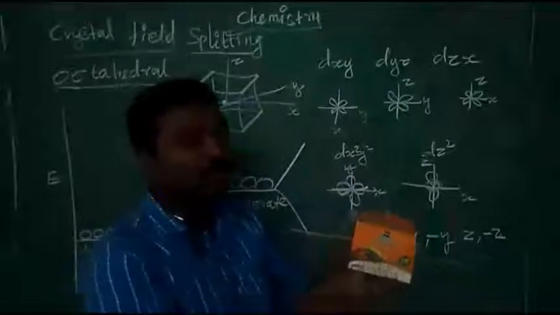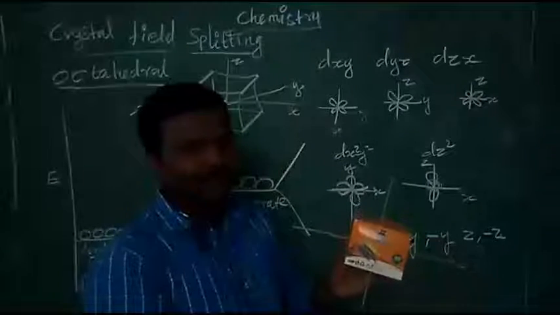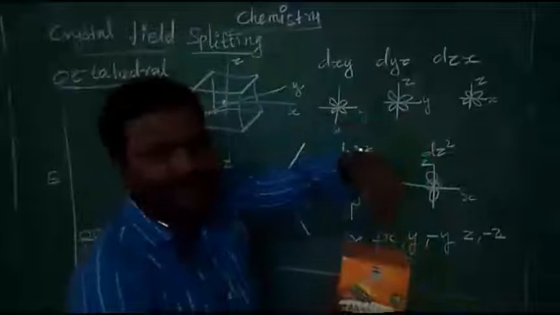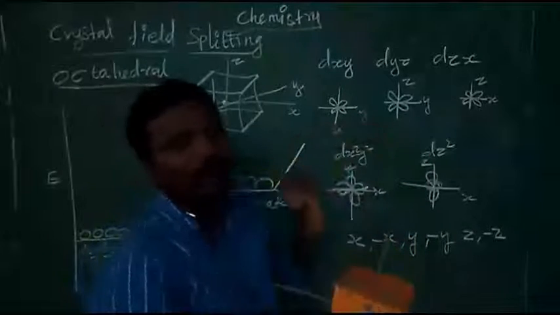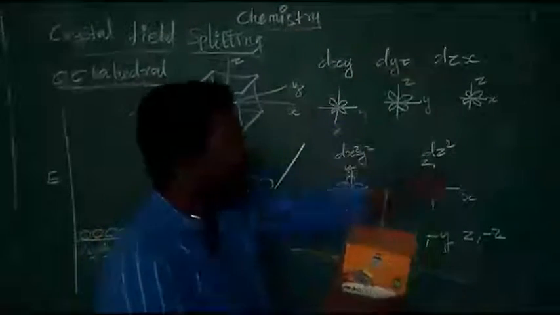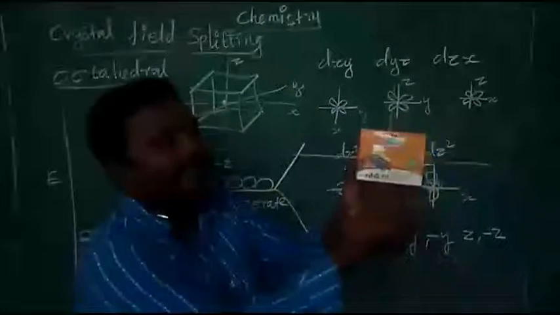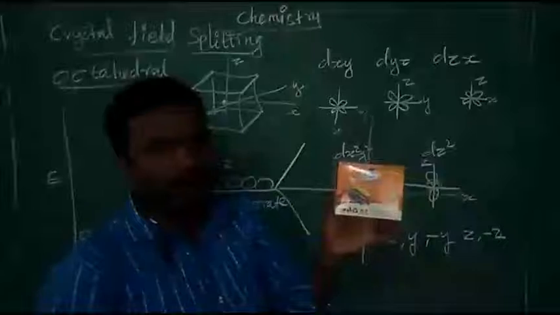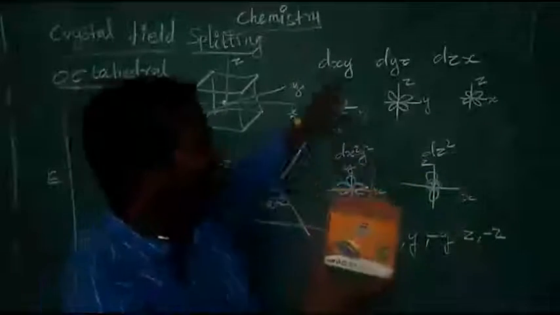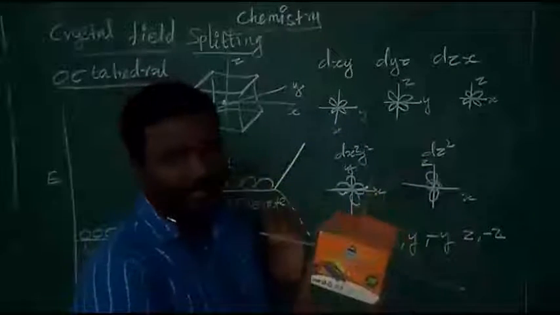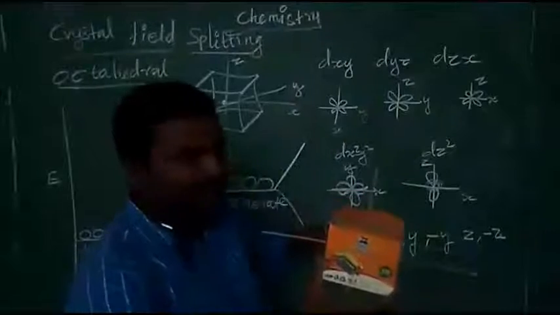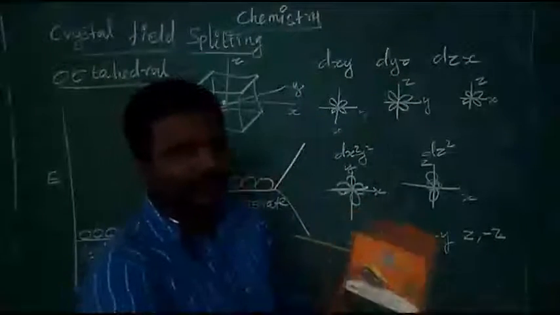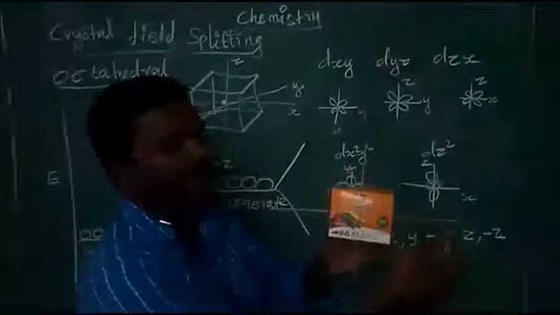Who will attack the axial positions? The ligands. First I told it wrongly that dxy is attacking this axis. Actually it is not like that. These five orbitals are present in the middle of this cube, because there we have the metal. In the metal we have these five orientations of d orbitals. These three are present in between these axes, for example, this one x, this one y.